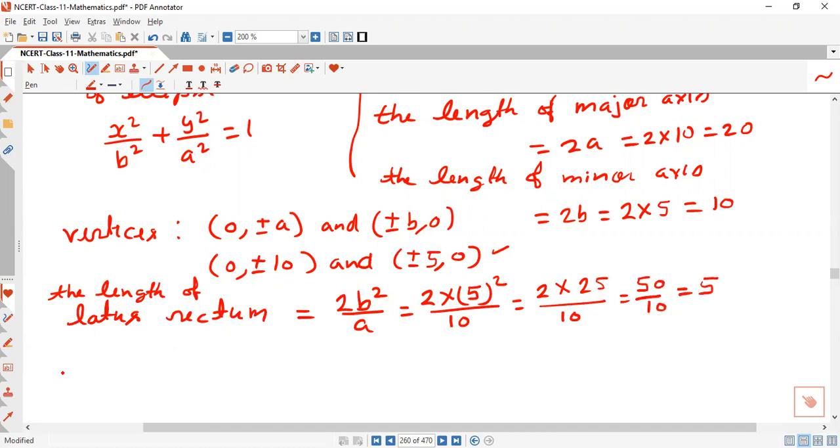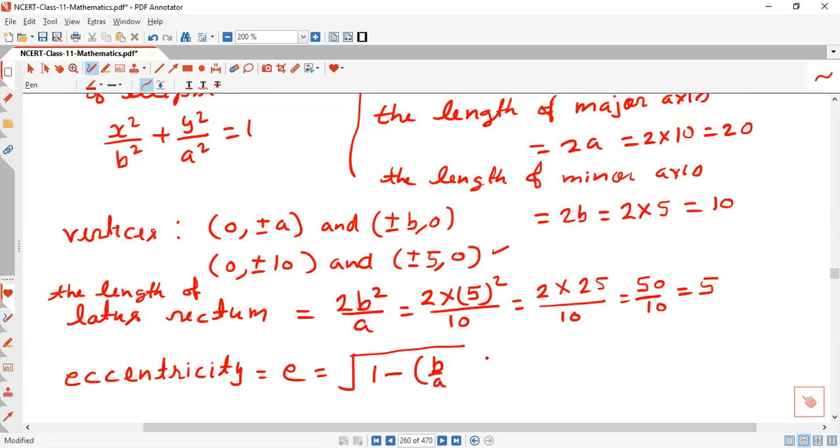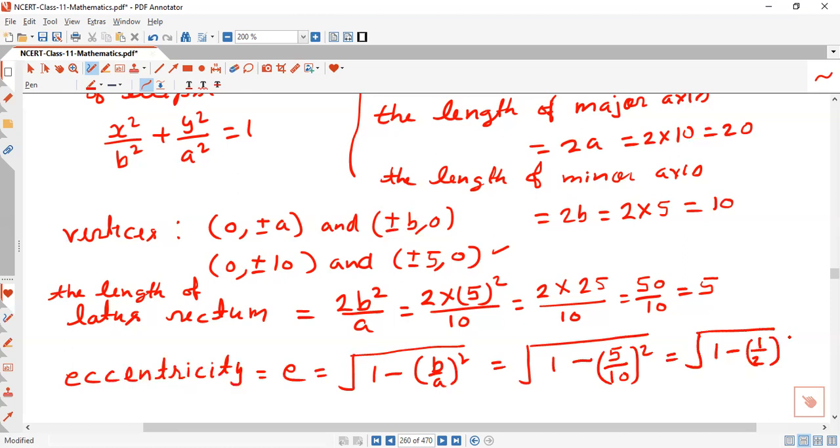Now, after that we want to find out the eccentricity, denoted by e. This will be equal to under root of 1 minus b upon a whole square. Put the value here. 1 minus b is 5, a is 10. So it comes out under root 1 minus half square. 5 by 10 means half.